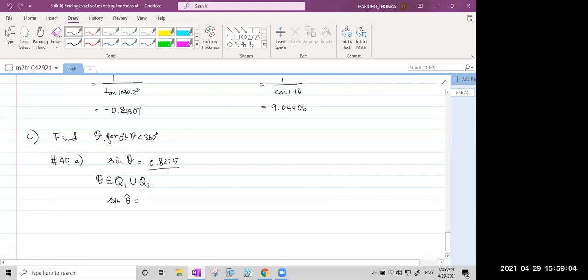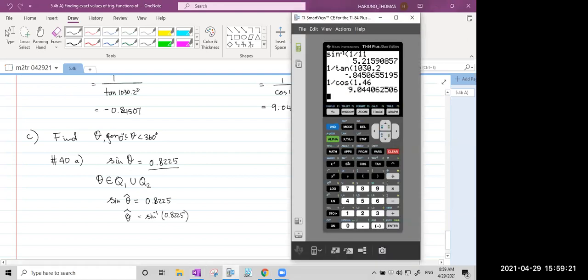In this case, it's already positive, so I will just copy this. Now, theta hat, the reference angle, must be sine inverse of 0.8225, which is 55.33584.